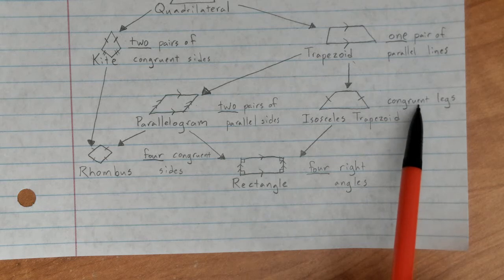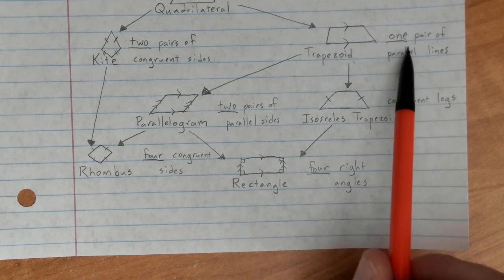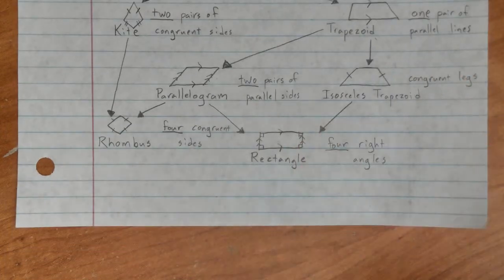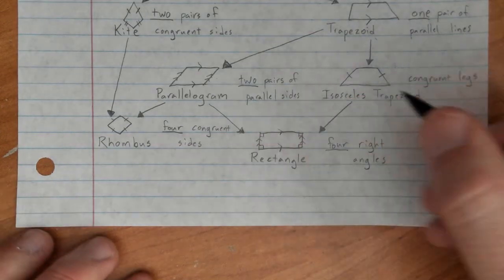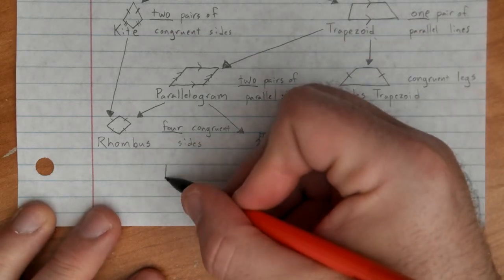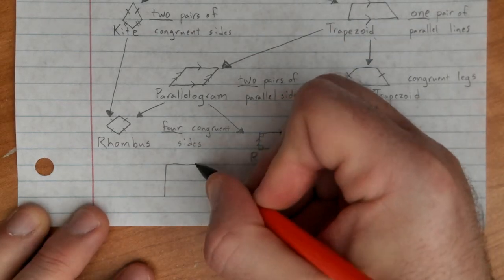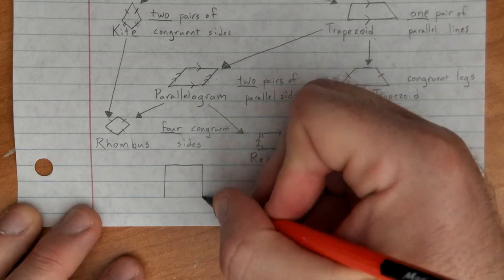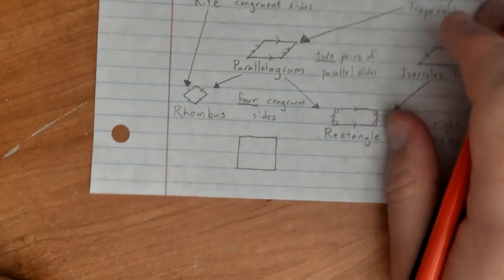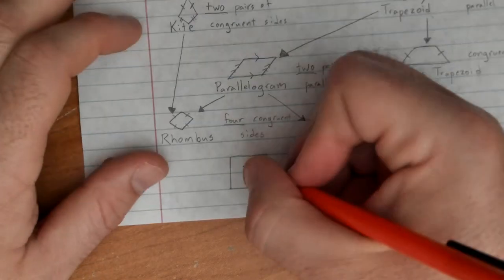It has congruent legs. We already covered parallel sides. It's got four sides total. Our mighty shape with all of these things, and I'm going to make it big because again it is special and unique, and I'm not measuring it, so if it's not perfect we're just going to have to make do.